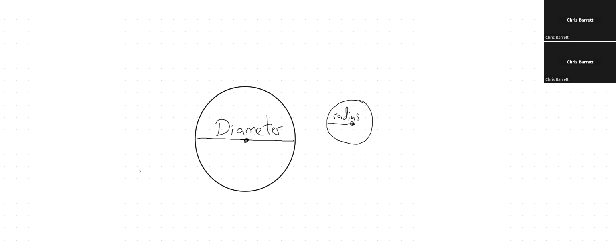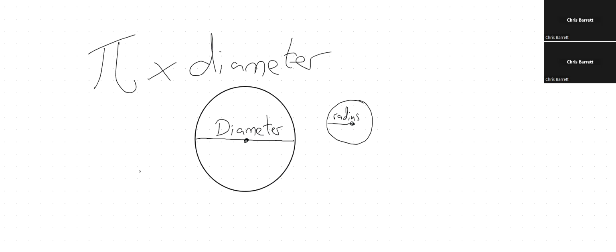The formula to find the circumference of a circle is pi multiplied by the diameter. So if we can find the diameter, we can find the circumference, because pi is an irrational number, and irrational means it just goes on forever and ever.